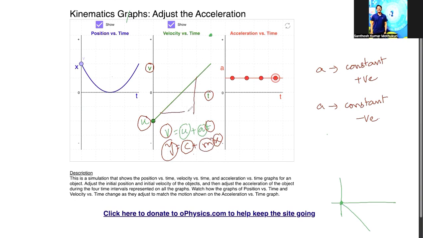When you calculate the gradient of this velocity time graph, you would get acceleration. So v is equal to u plus at is the equation for this.